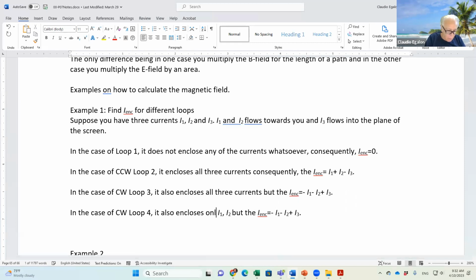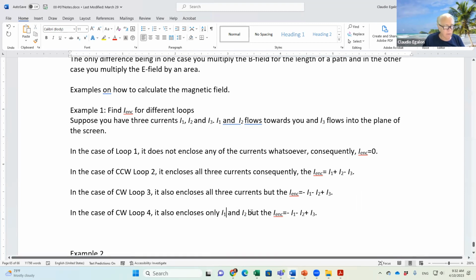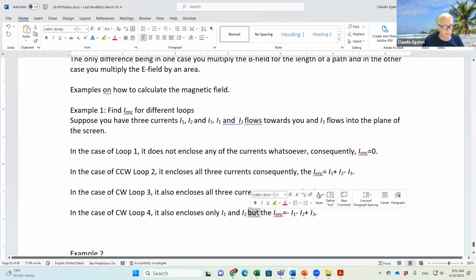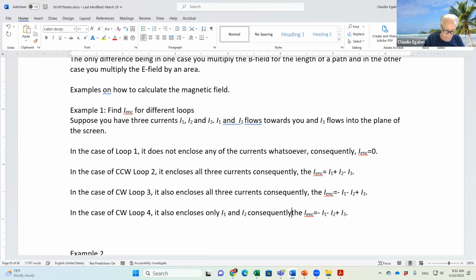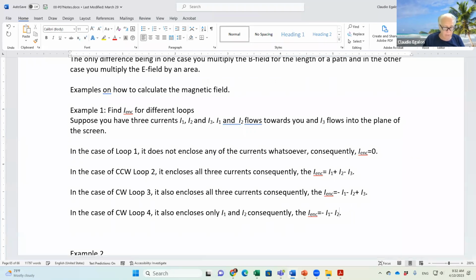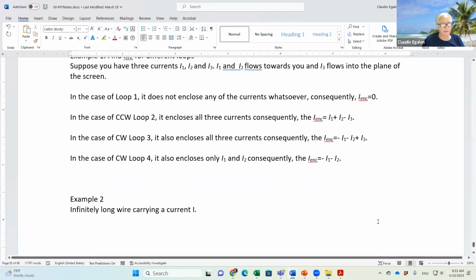Consequently, I enclosed is minus I1 minus I2.